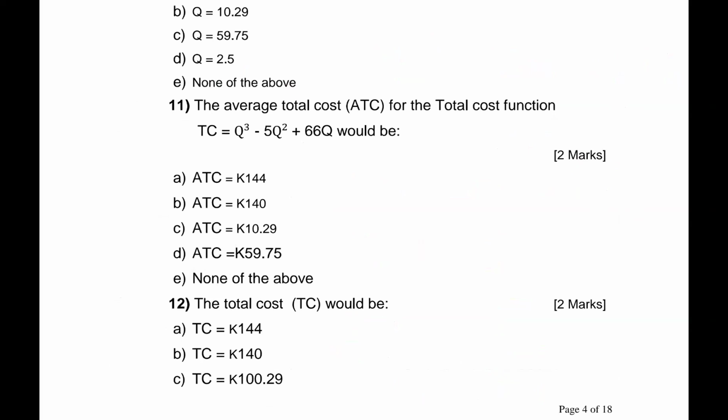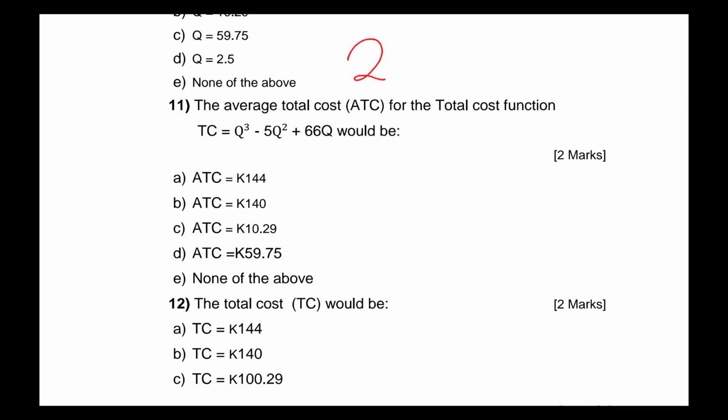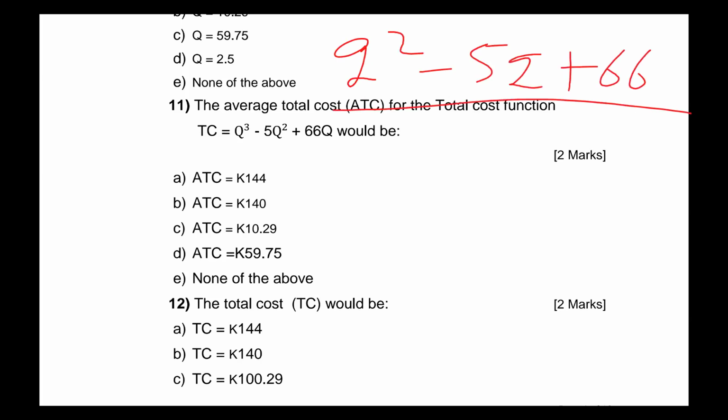The average total cost function simply means the average function we found: Q squared minus 5Q plus 66. Now we evaluate the average at the critical value.